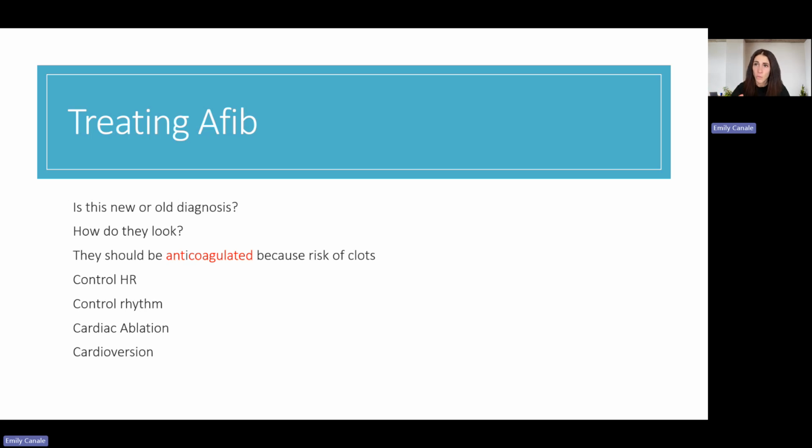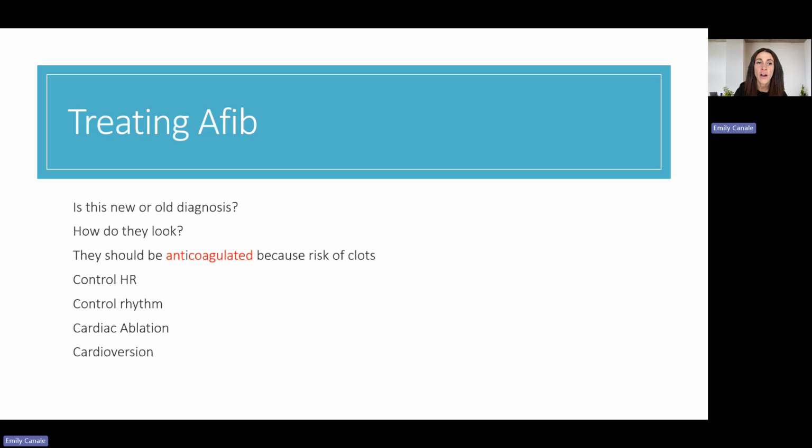But typically, cardioversion is considered for AFib after we have anticoagulated the client. That is why we want to see, are they having symptoms or not? If they're severely symptomatic and they haven't been anticoagulated, they still may cardiovert the client. But if they're not having symptoms, then I'm definitely going to want to anticoagulate first.